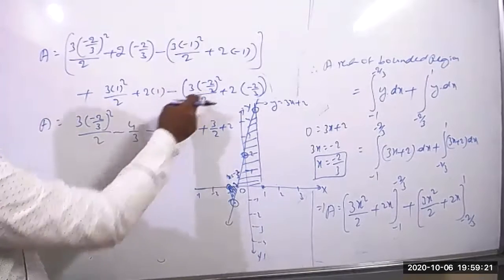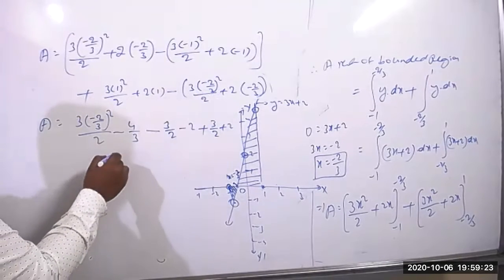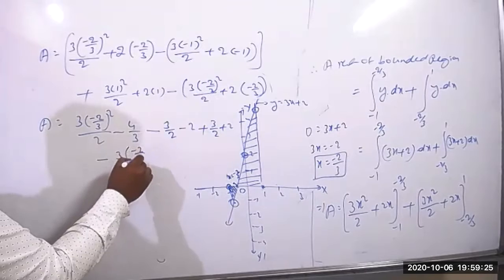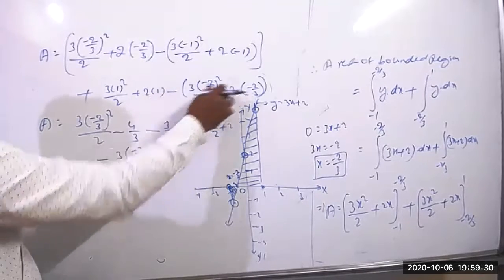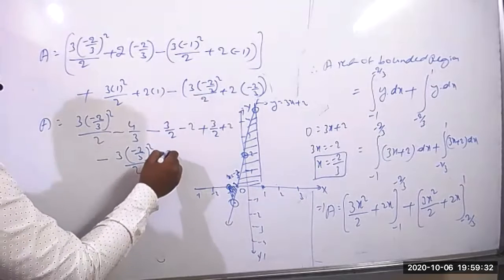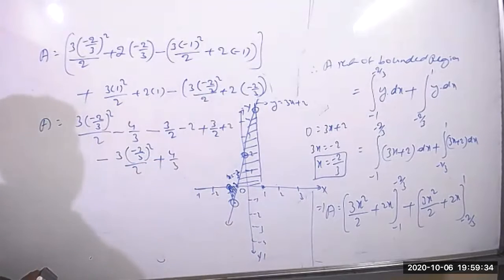And the second one: minus into plus equals minus, 3 into minus 2 by 3 whole square by 2, minus into minus equals plus 4 by 3. What happened? Everything will get cancelled now. That's not possible, no? Is it correct?